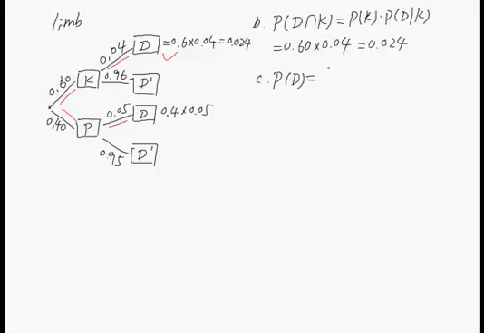So that is equal to 0.6 times 0.04 plus 0.4 times 0.05. Then you simplify, you get 0.024 plus 0.02, and finally you get 0.044.